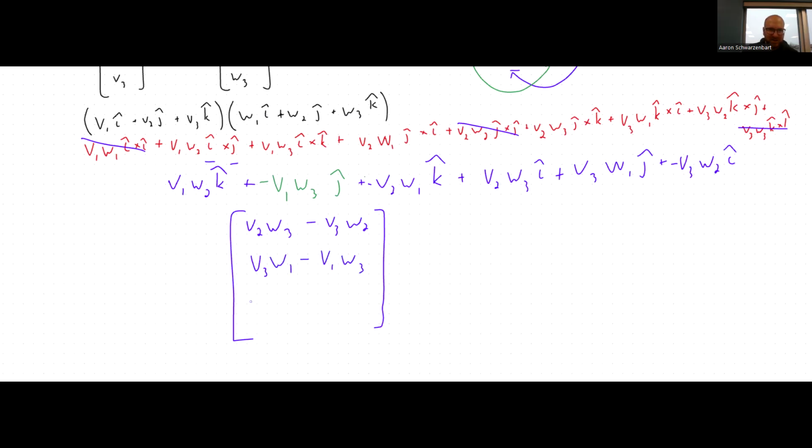And k: V1W2 minus, what's the other k? V2W1. This is V cross W.